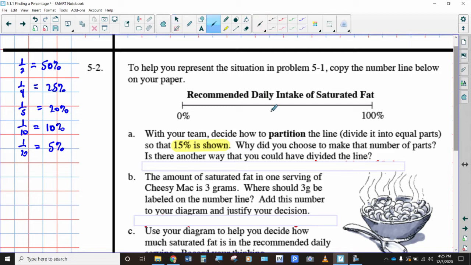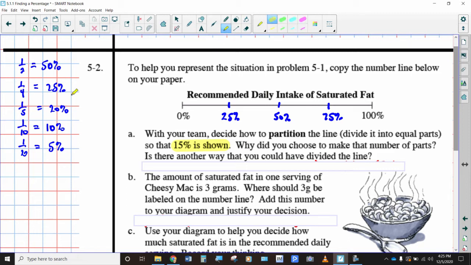So if I wanted to partition this in halves, the halfway point would represent 50%, right? And 1/4 is 25%. So you could put a 1/4 here and make that 25%, and you could put 3/4 here, and that would represent 75%. 20% is 1/5, 10% is 1/10, and 1/20 is the same as 5%.